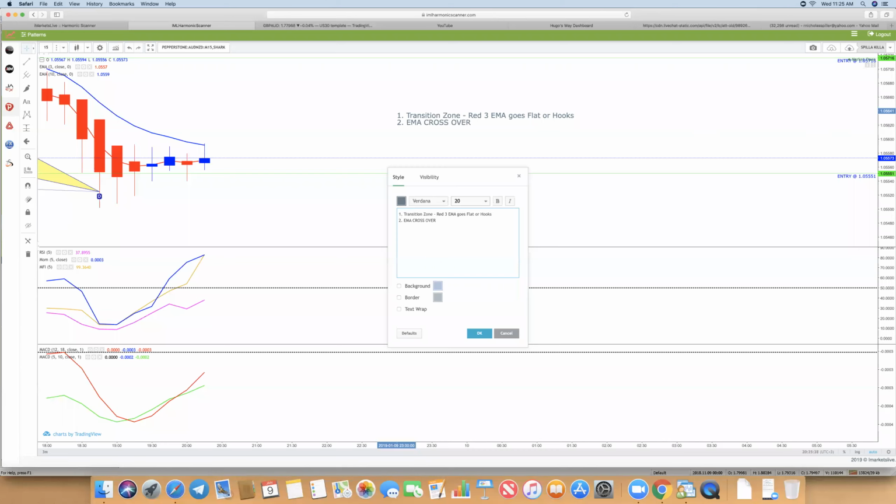Your exponential moving average crossover happens when the 3 EMA and the 10 EMA cross.